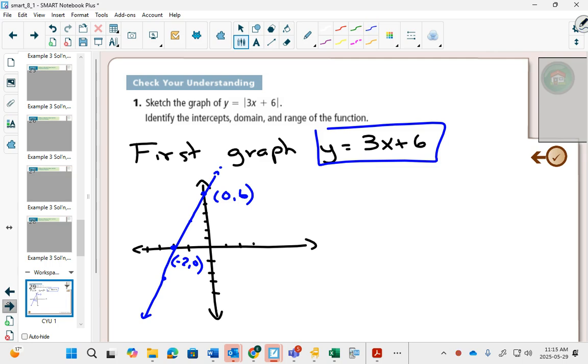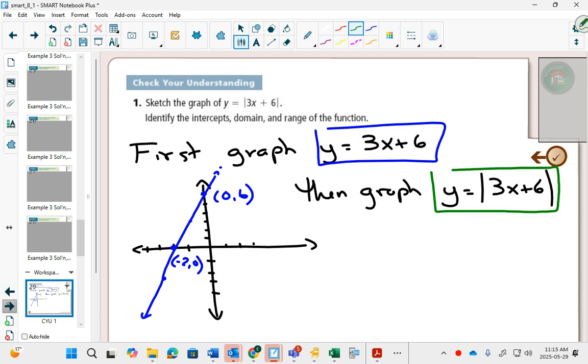If I first graph that blue graph, then I'm going to graph it with the absolute values, and I'm going to do that in green. So I've got my original graph. The absolute value keeps positive things the same. So wherever my y values were positive, that's going to stay positive.